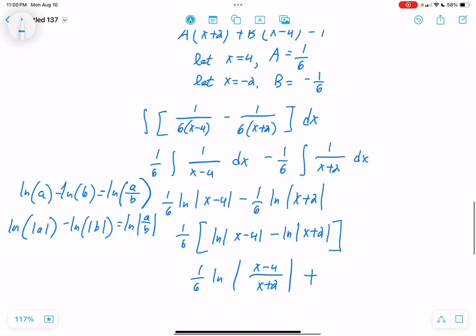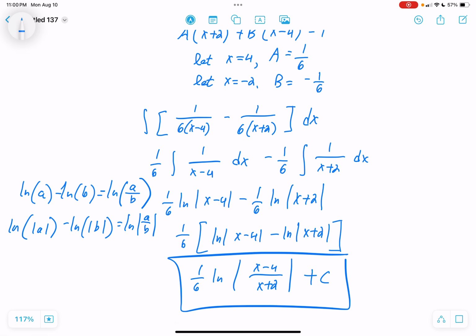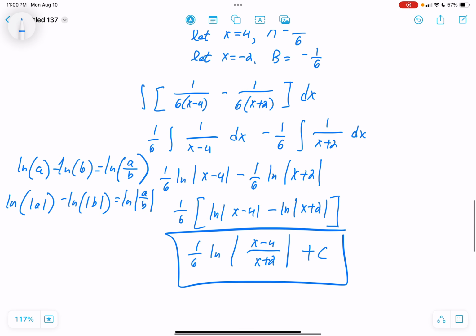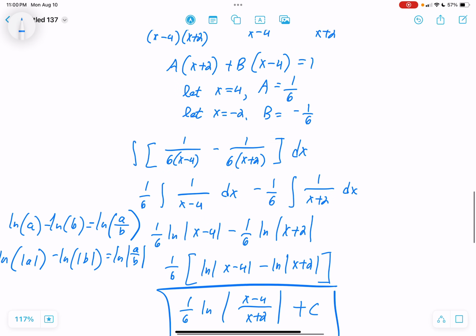And the most important part, do not forget your c. So that's a basic example of using linear partial fractions to solve an integral.